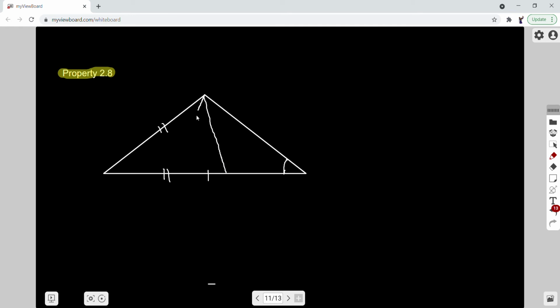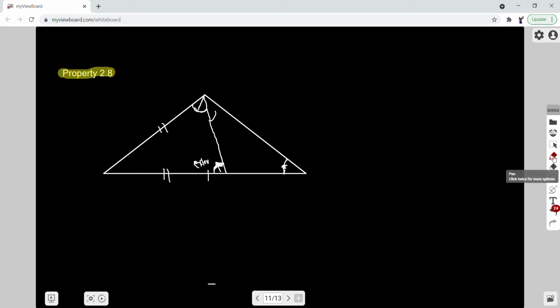And now, because this is an isosceles triangle, we say that this angle equals this angle. And because this angle equals this angle, this is the exterior angle, which is the sum of this angle and this angle.